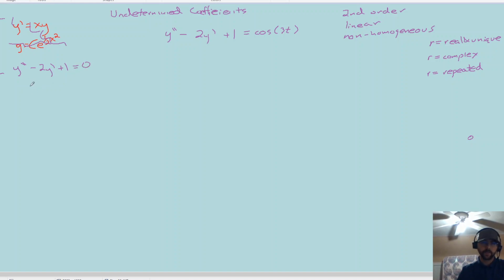We're going to solve this first. In solving this, we basically change the derivatives to r to whatever power that is. So this becomes r squared minus 2r plus 1. Actually, this should have had a y. Does this need to have a y?